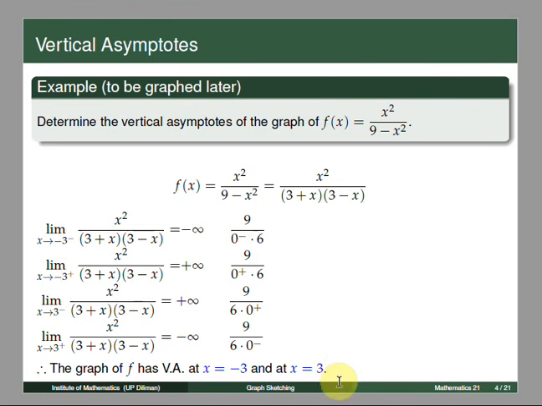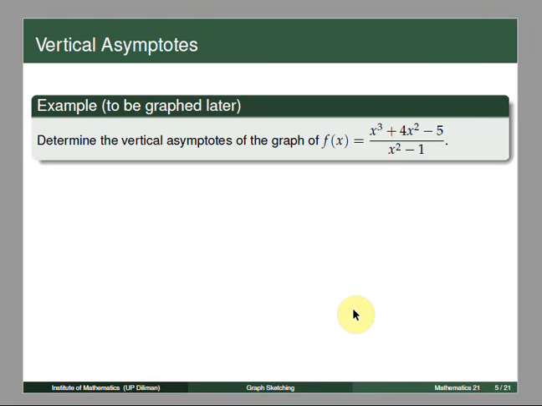Actually, you can conclude that it has a vertical asymptote even if you only have one-sided limits going to infinity. Okay? But it is also customary to take both one-sided limits. Nice. Let's go on with the next example.